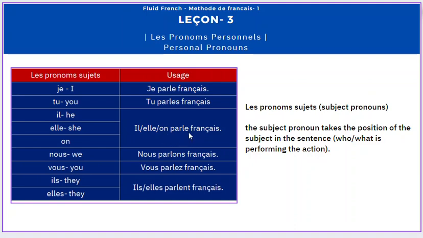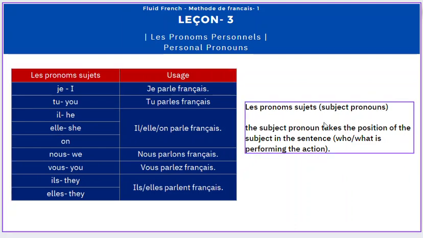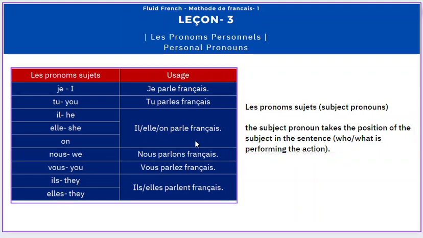On parle français. Nous parlons français. Vous parlez français. Ils parlent français. Now the pronunciation for this, even though there is an S here also, is the same as this and this. Alright? Les pronoms sujet, the subject pronoun, takes the position of the subject in the sentence. Okay, now let's move on.